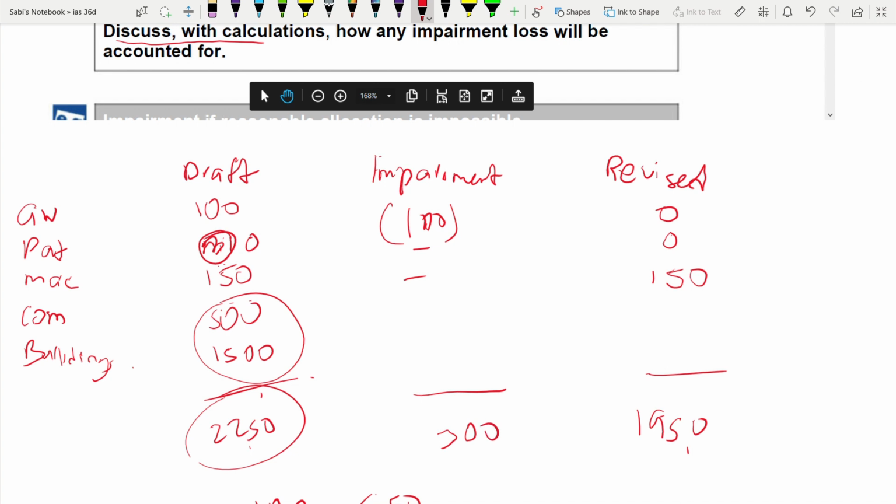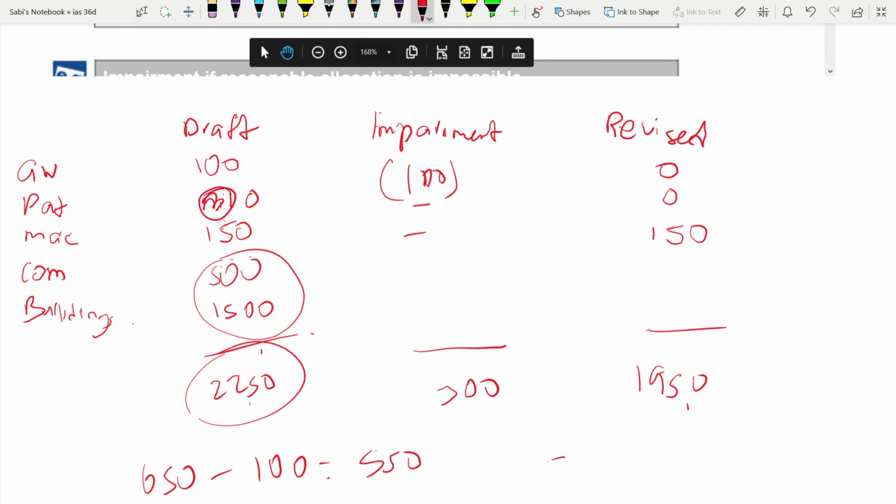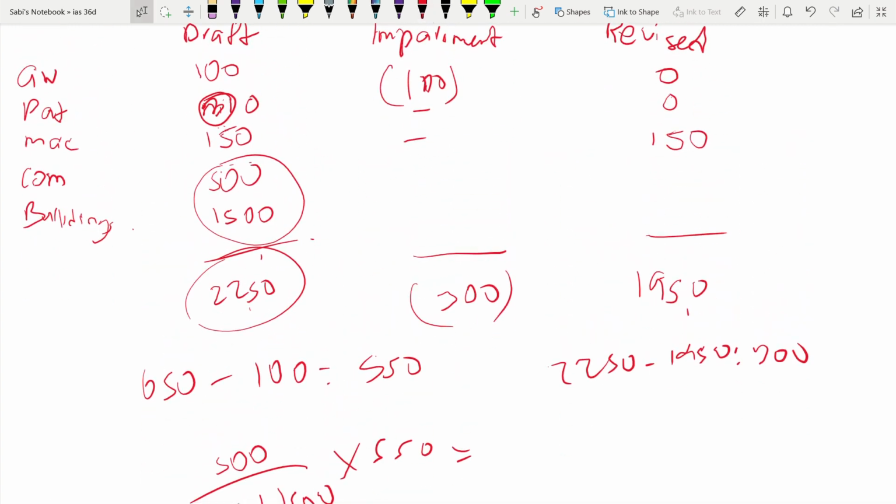You see, difference of draft and the revised. 2250 minus 1950 is 300. This is the impairment. So out of 300, 100 is gone. So you're left with 200. This 200 you have to allocate against computer and building.